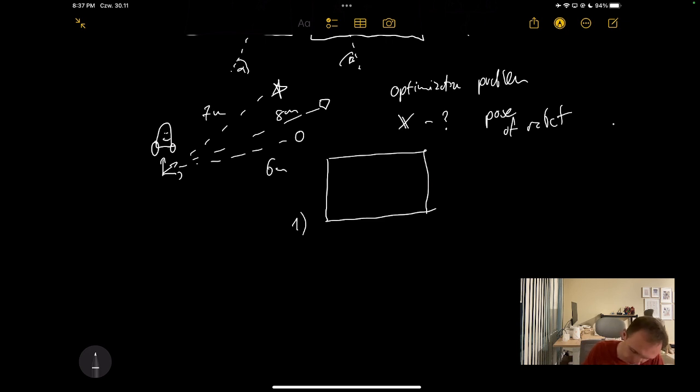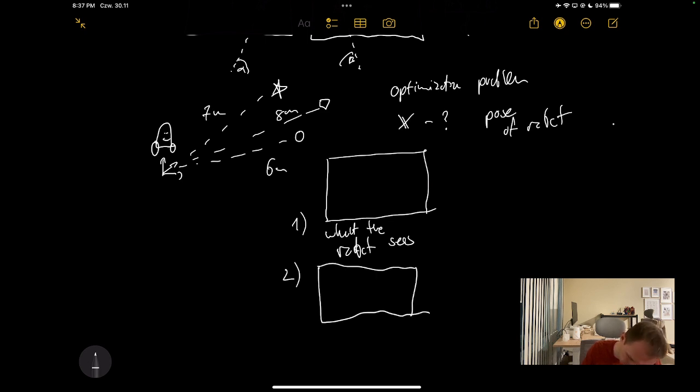One is what the robot sees. And number two is what we predict that the robot should see.